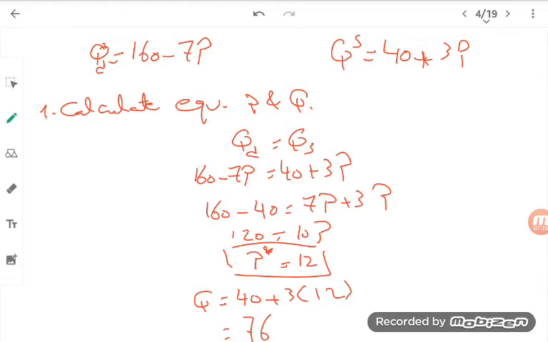Okay, requirement number 2 is to find elasticity at equilibrium.